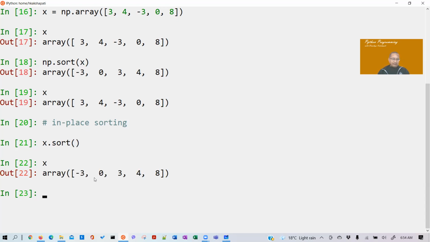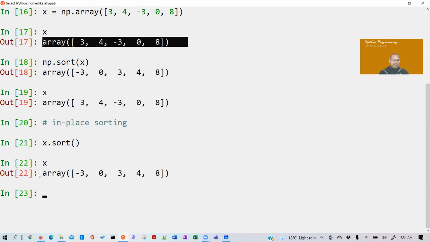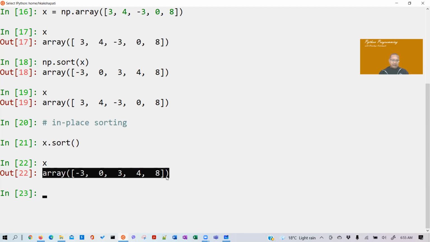Whenever we modify x, now it's in sorted form. So this is the original x. Now the same x, when you do x.sort, gives in-place sorting. Now x is in sorted form.